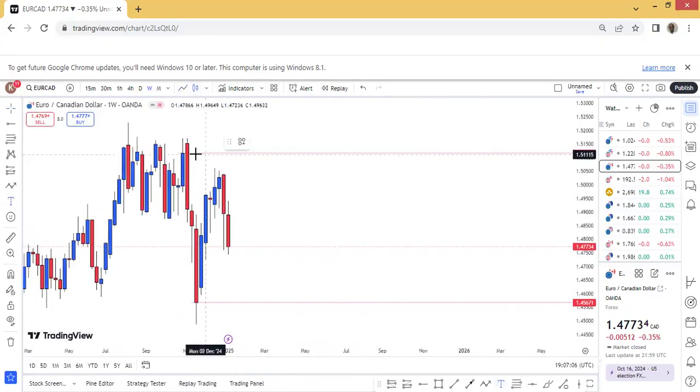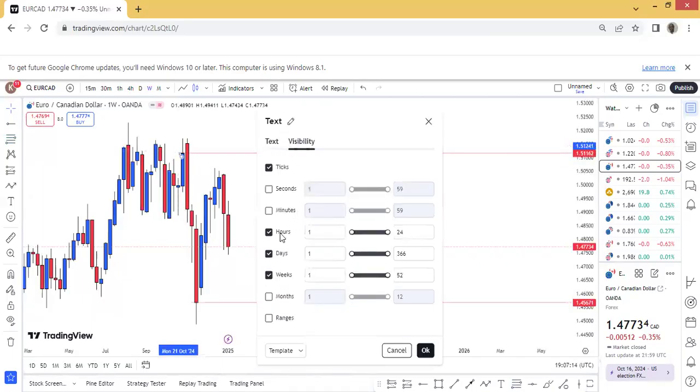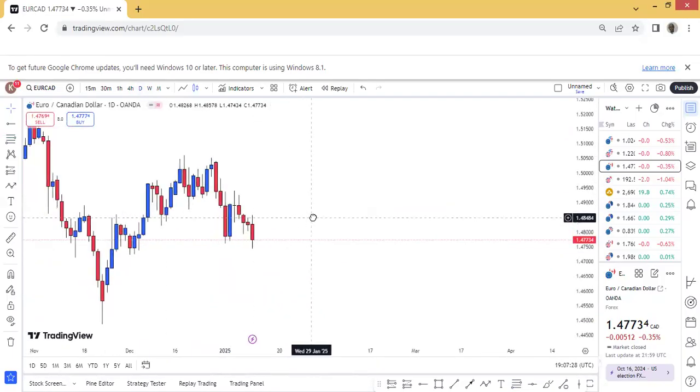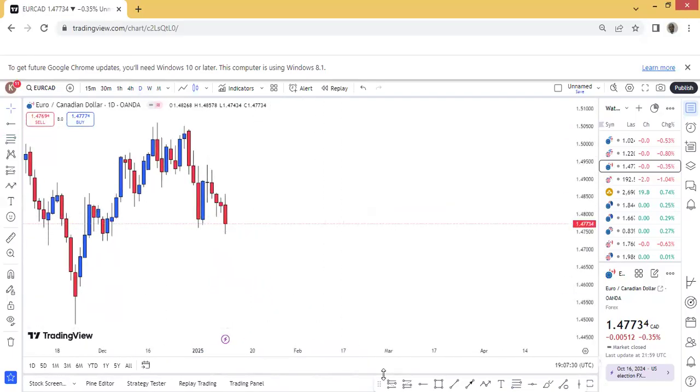We are bearish, so lower high, and lower low. We come to the daily. I've also formed a new low.